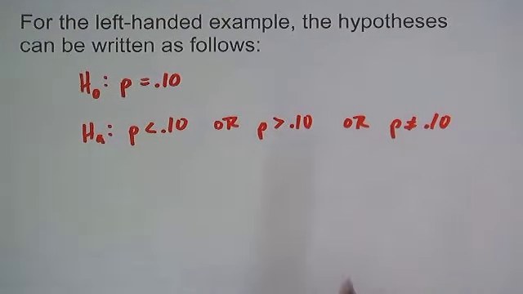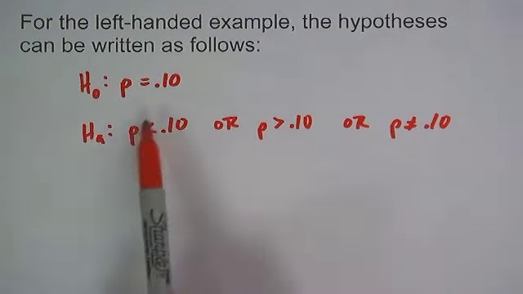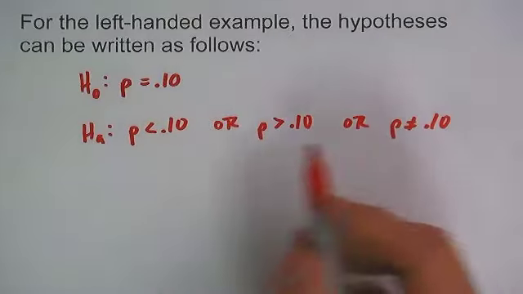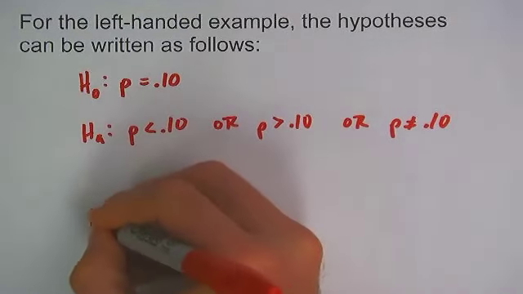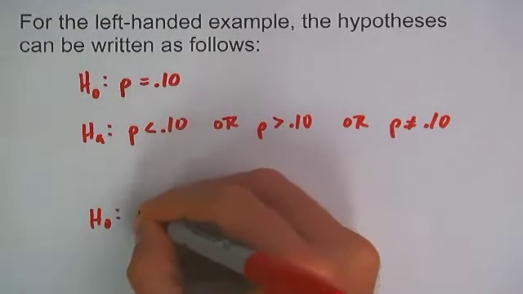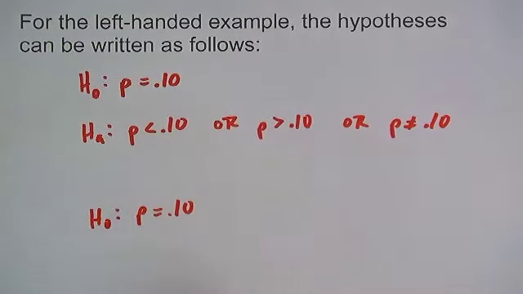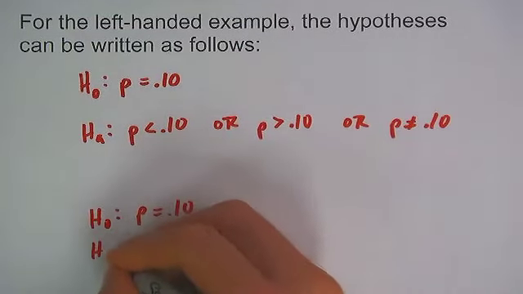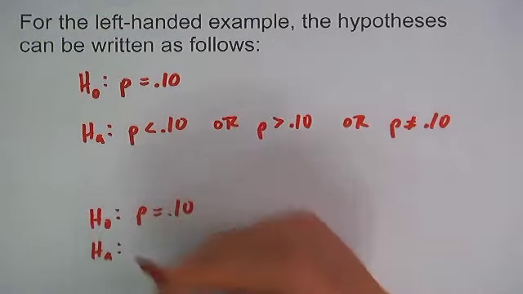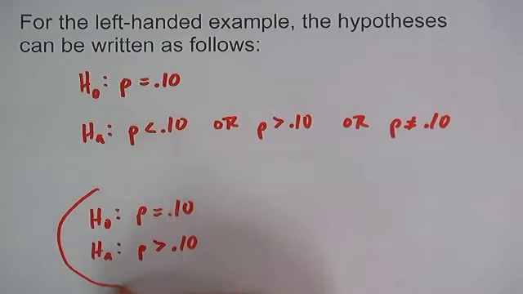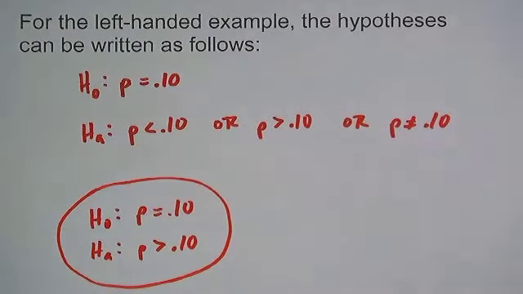In this case, since my sample proportion was greater than this hypothesized population proportion, I would probably want to pick this hypothesis. So the hypotheses that I would write here would be my null is p equals 0.10, and my alternative would be p greater than 0.10. These would be the hypotheses that I would set for my hypothesis test.